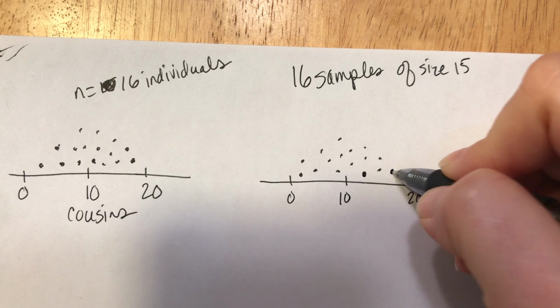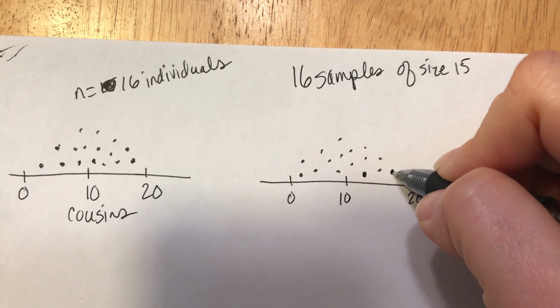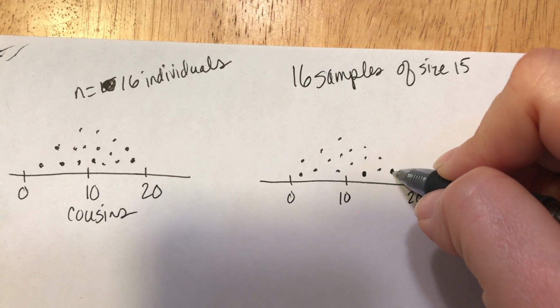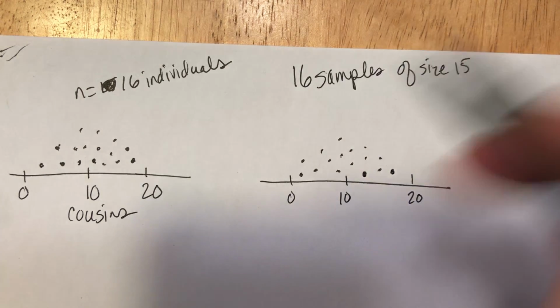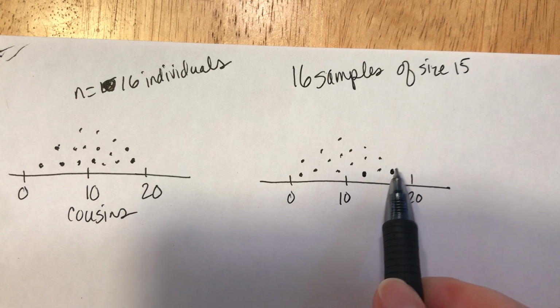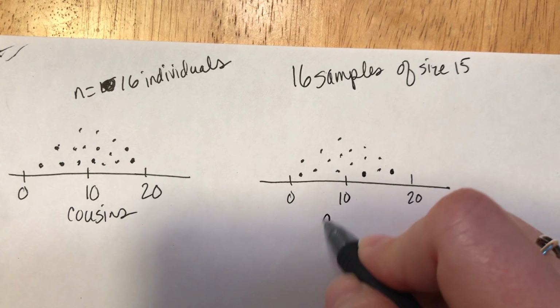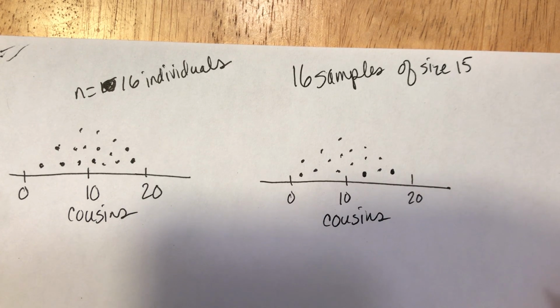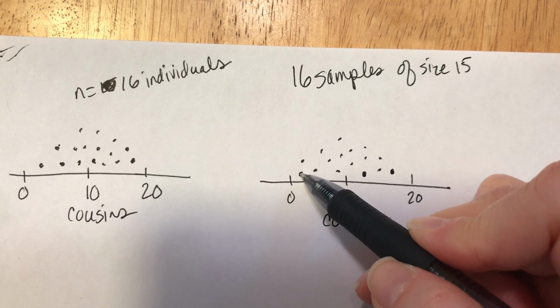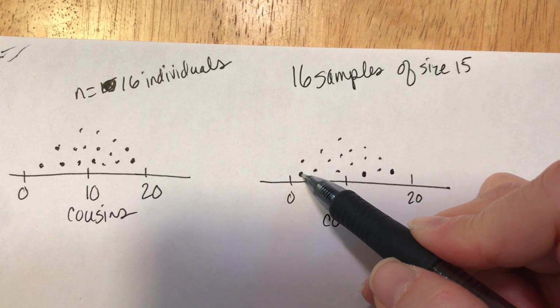This would be 15 people have an average of 18 cousins. That's hard to do. If you have 15 people and they average 18 cousins, that means all 15 people have a lot of cousins. It is logical that one person could have 18 cousins, but for 15 people to have an average of 18 cousins, wow, that would be a lot of cousins. This dot would represent 15 people have an average of 1 cousin, which is very small.